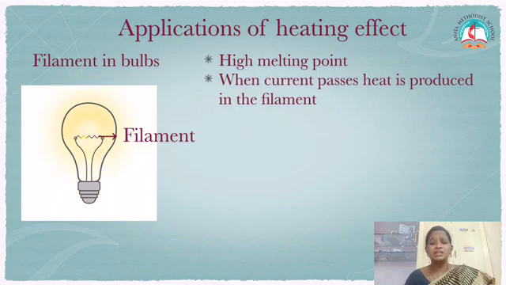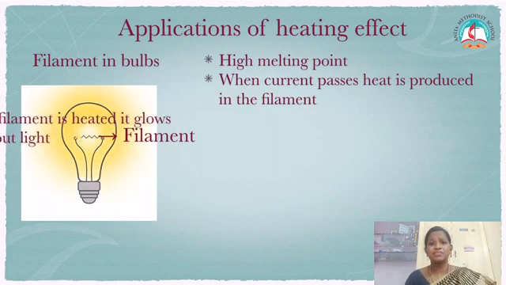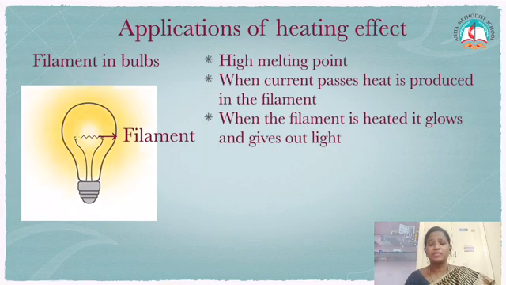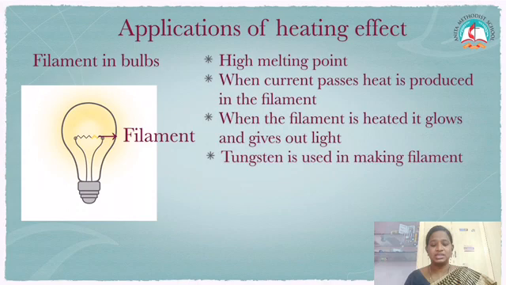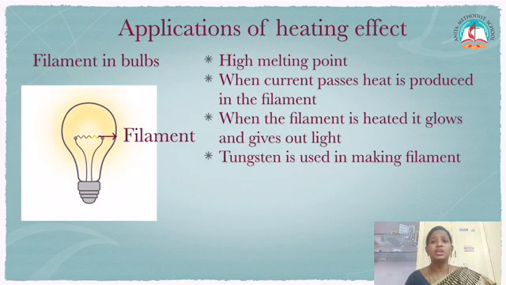When current passes through the filament, it gets heated, and as a result of heating, it starts glowing and gives out light. Mostly tungsten is used as a filament, because tungsten has a very high melting point.